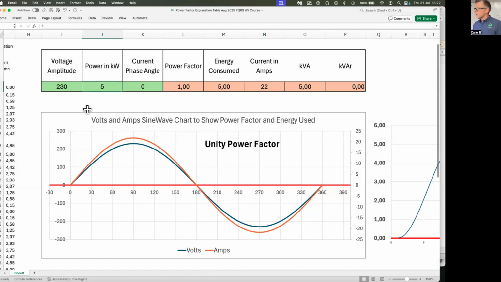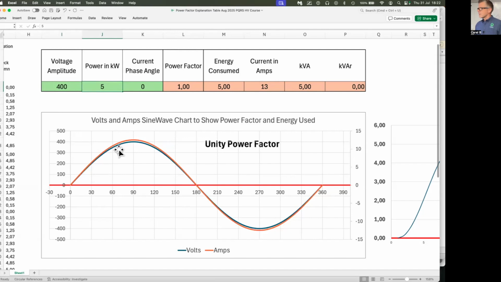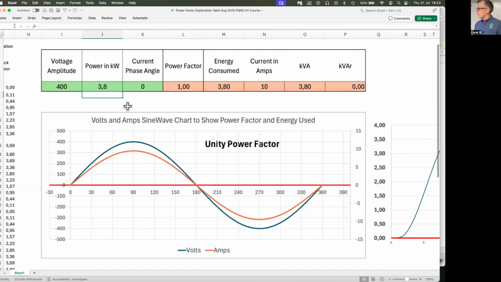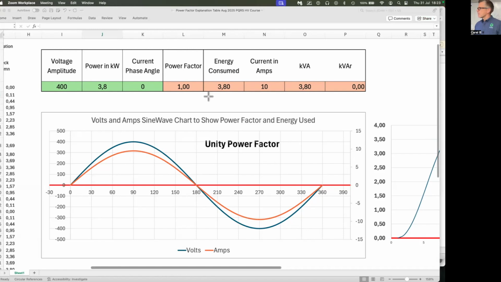So we've got a 3.8, you can make that 400 volts, and the table adjusts. We can make the power in kilowatt 3.8. So what it's supposed to be drawing is 3.8 kVA.